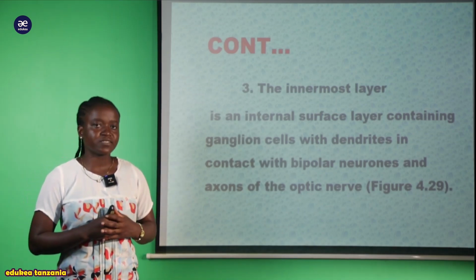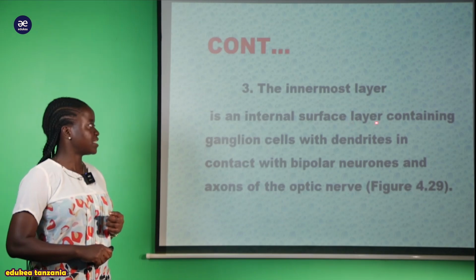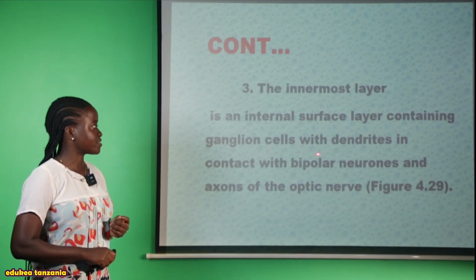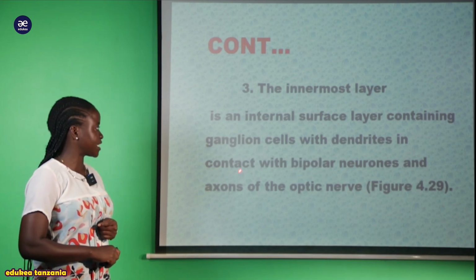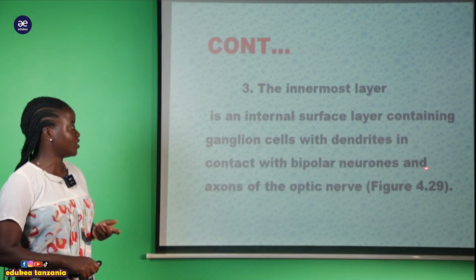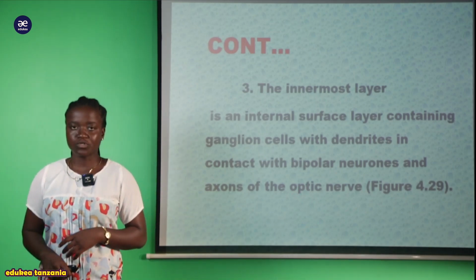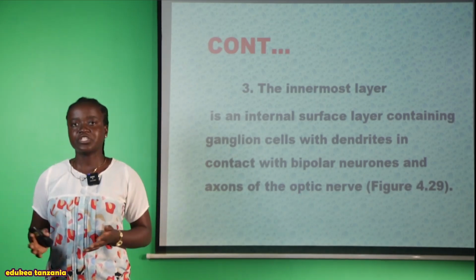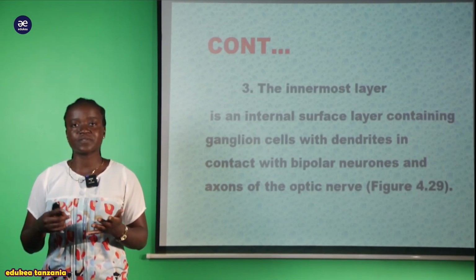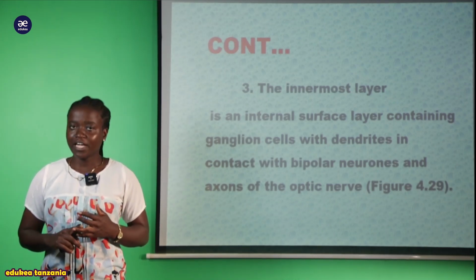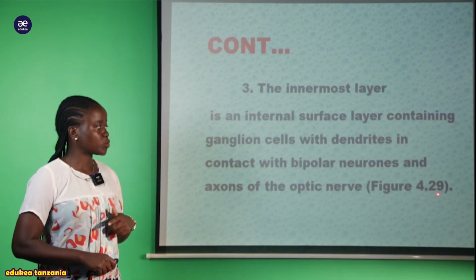Here, my students, we are saying that the internal surface layer contains the ganglion cells, with dendrites in contact with the bipolar neurons and axons of the optic nerves. We are going to see this general structure of the retina, with the outermost layer, middle layer and innermost layer, in figure 4.29.